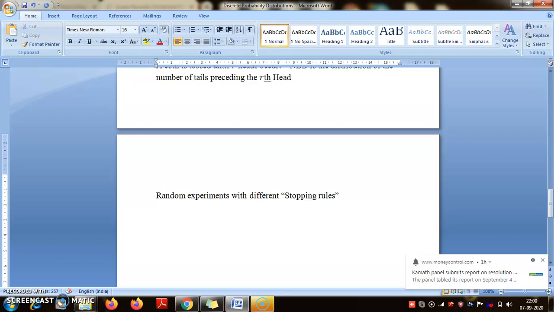Here, we count the number of tails preceding the rth head. On the other hand, for the negative binomial distribution, there is no upper limit. It could be 0, 1, 2, and so on. You cannot put an upper limit, so there are infinitely many possible values. This is the important distinction between binomial and negative binomial distributions, or geometric and Bernoulli distributions.